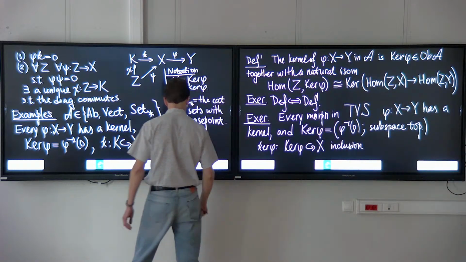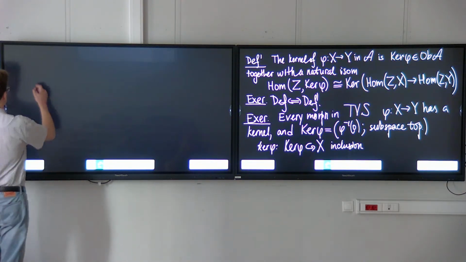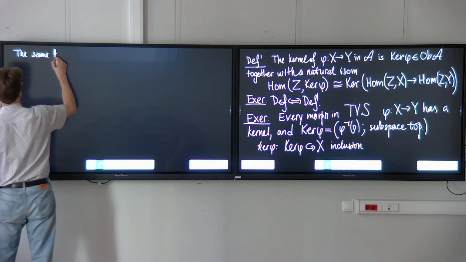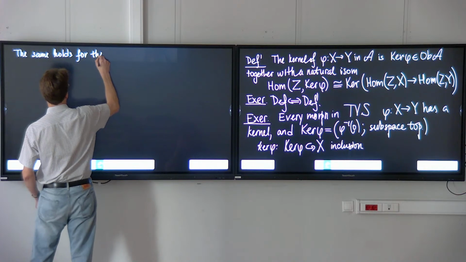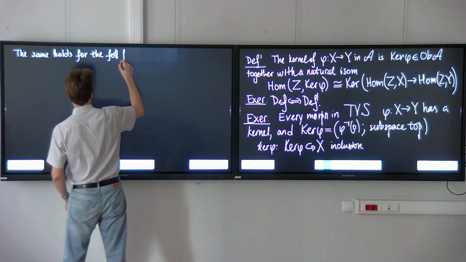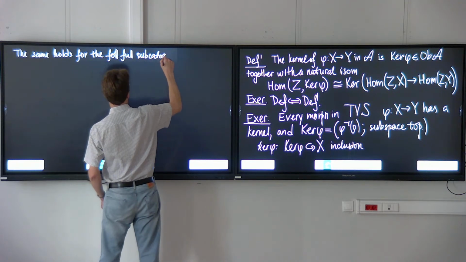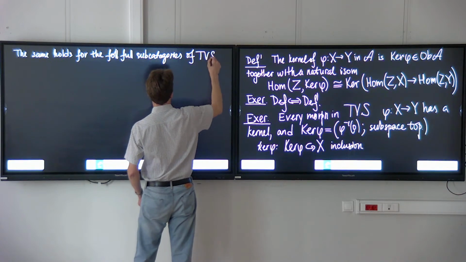In fact, the same result holds for many concrete subcategories of the category of topological vector spaces. The same holds, for example, for the following full subcategories of the category of topological vector spaces.